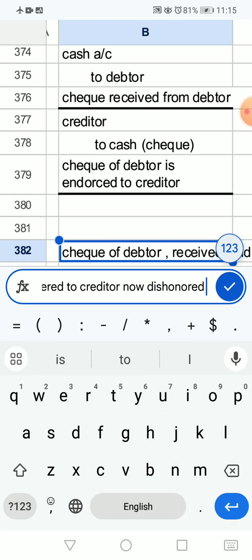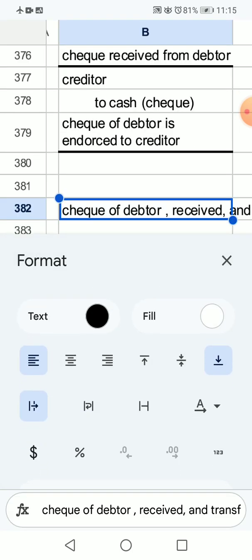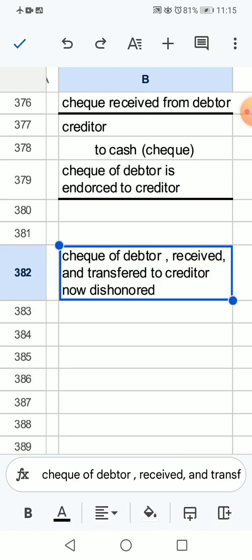This is very beautiful and very elegant entry to understand check of debtor which was received by you from debtor. Then you have transferred that check to the creditor and ultimately that check has been dishonored.